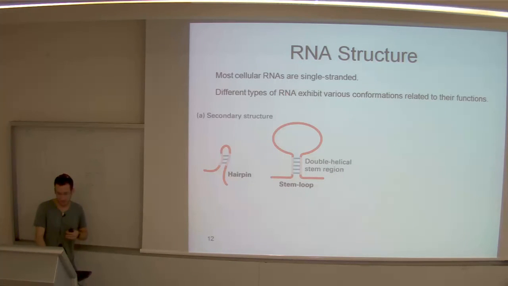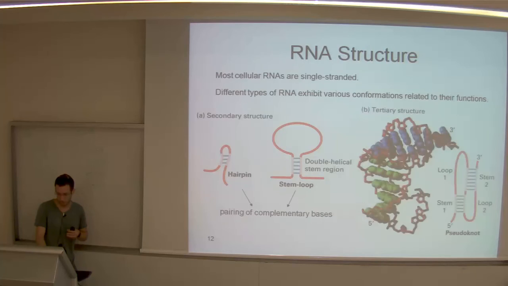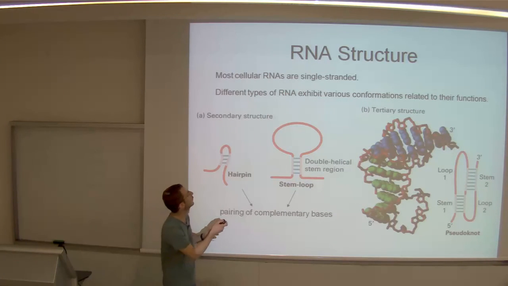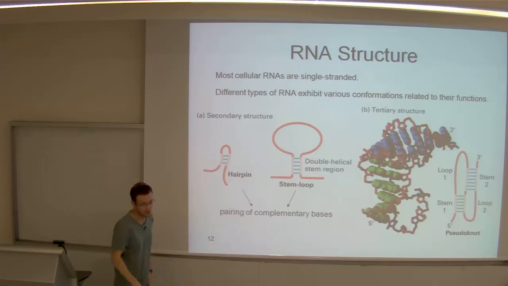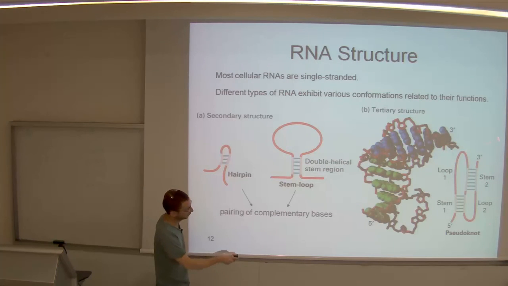From that second up till when the RNA becomes a protein, it's most usually in a single-stranded form. And single-stranded RNA molecules can form several structures. Here are some examples: hairpins, stem loops, pseudoknots.